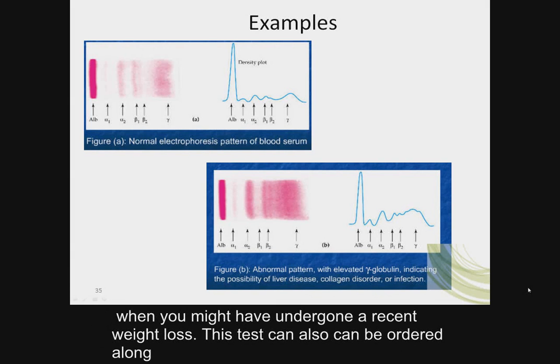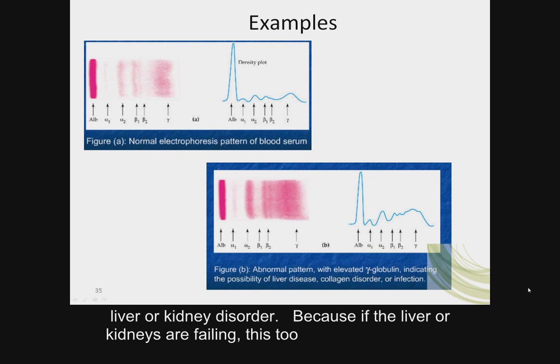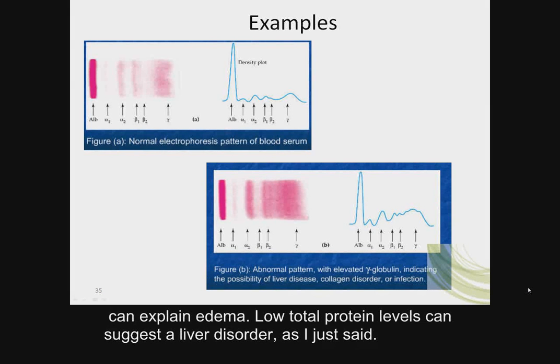This test can also be ordered along with other tests to provide information if you have a patient that might suggest liver or kidney disorder. Because if the liver or kidneys are failing, this too can explain edema. Low total protein levels can suggest a liver disorder, as I mentioned before. The liver is responsible for making albumin.